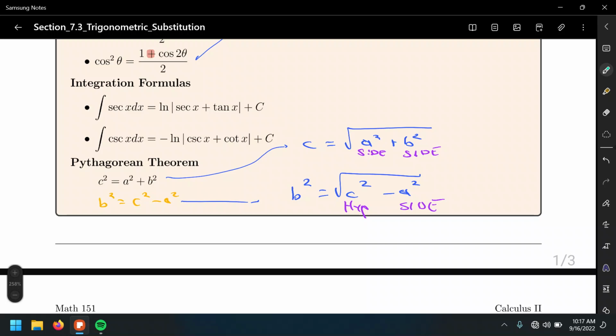However, there are situations in which you're given the length of the hypotenuse and the length of one of the sides, and the unknown would be one of the sides. So you would have to solve for either a or b. It doesn't matter which one you solve for, but you will have c squared minus a squared, which is hypotenuse minus the side.